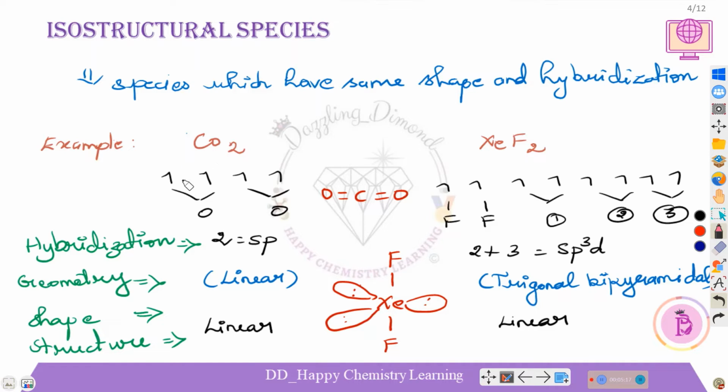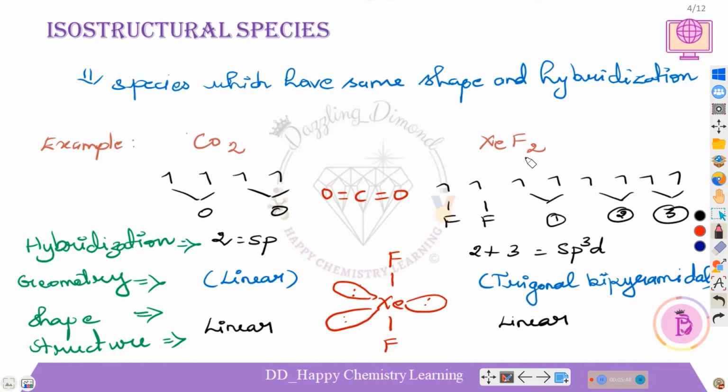For carbon you have 4 valence electrons, and oxygen will bond with a double bond, so you get sp. Two bonds, so it corresponds to sp, the geometry is linear, and when you consider the shape, it has no lone pair, hence it is linear.